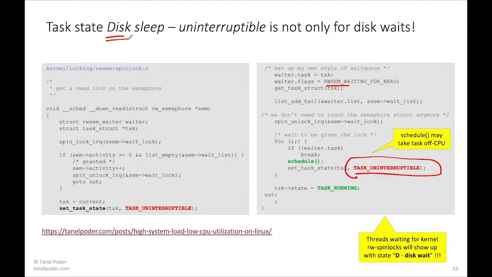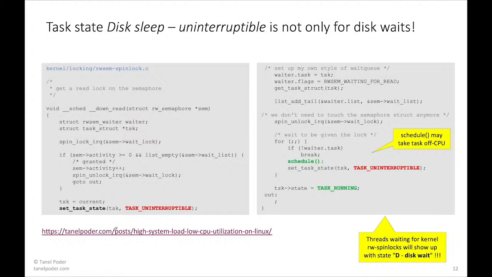So we are not actually waiting for I/O to complete or even submitting the I/O. We are stuck in the file system layer, waiting for a lock because of contention, and that will also show up as disk sleep. So the D state usually is disk I/O, but not always.